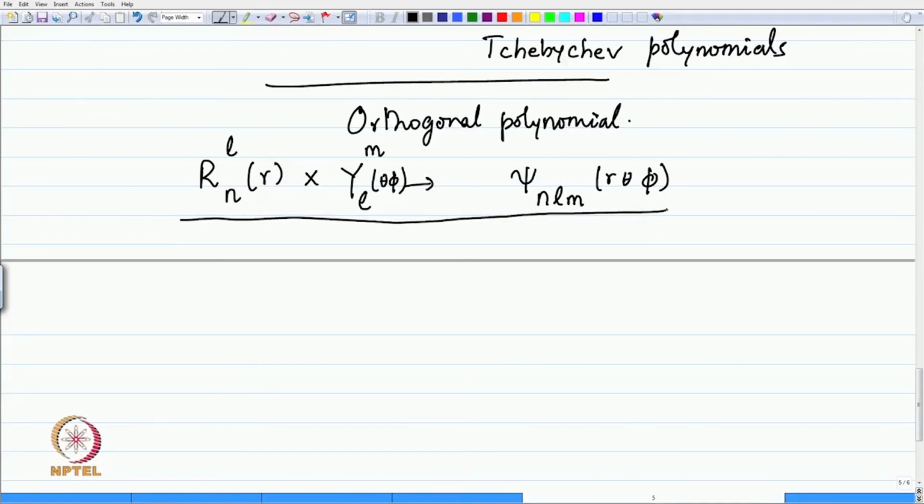I am not going to describe how to obtain the radial and angular parts, but in the next part of this lecture I shall describe the forms of the radial parts and the angular parts, and we will see some pictures for the angular parts, which are popularly known as the representations of the atomic orbitals.